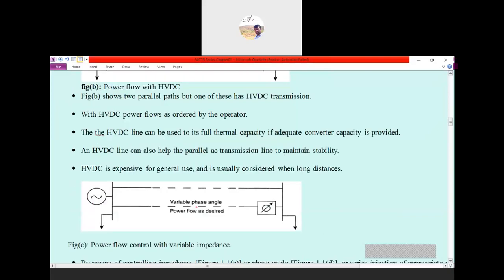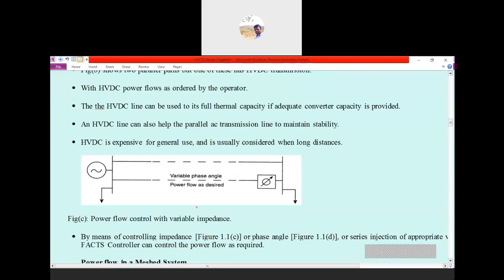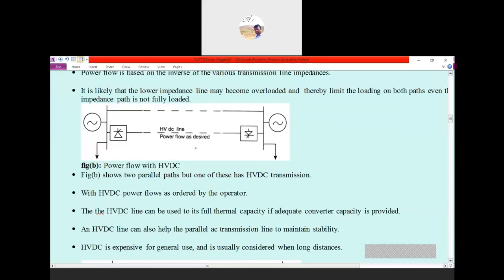In the HVDC, one line is AC and another is DC, so we have HVDC connections.